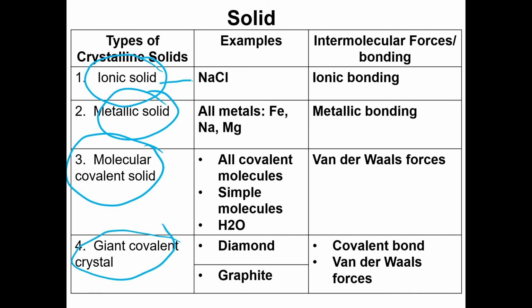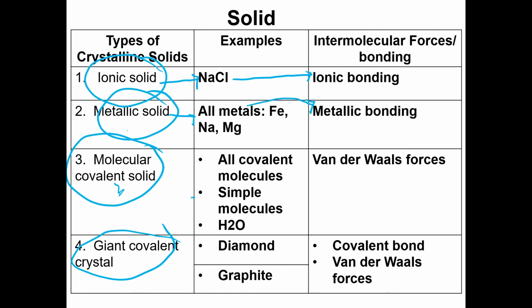So the example of ionic solid is ionic compound, sodium chloride. So the intermolecular force ataupun bonding that help them is ionic bond. So the next one is metal. Okay, all metals such as ferrum, iron, sodium, and magnesium have metallic bonding.